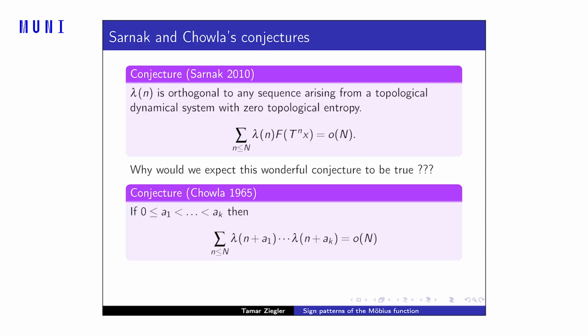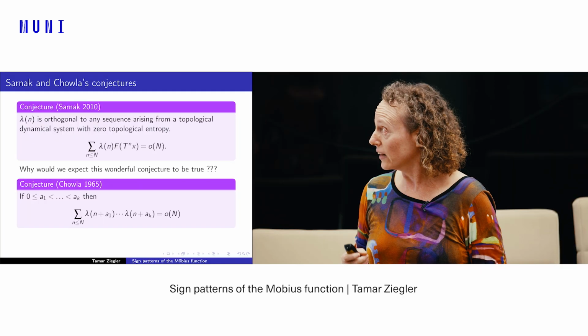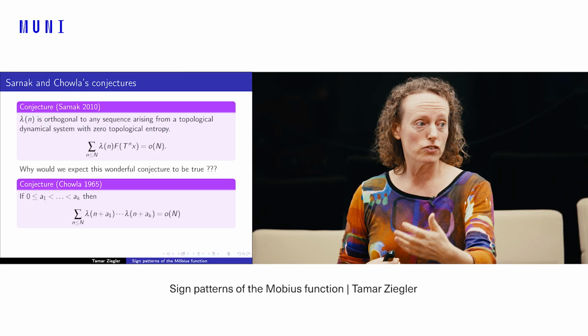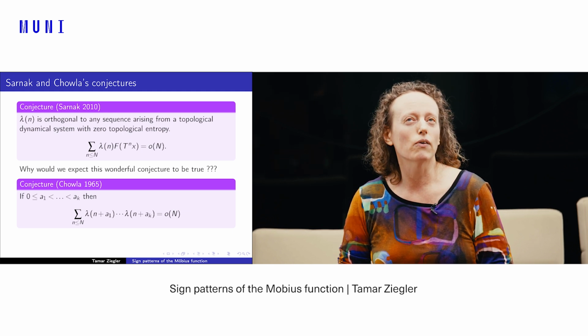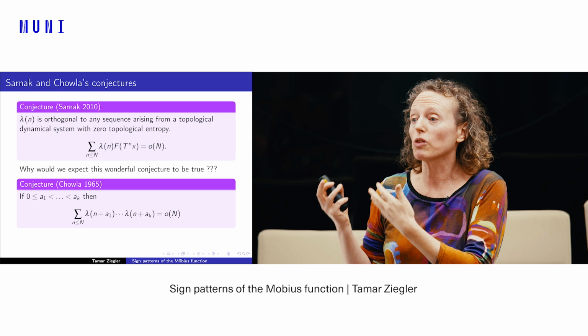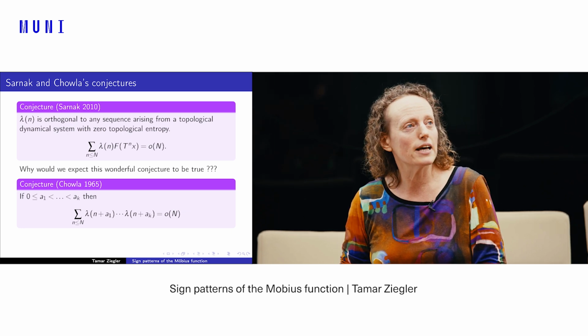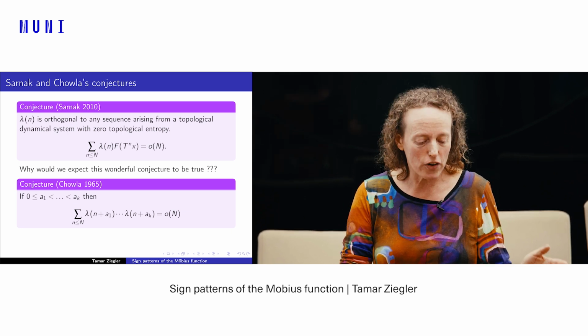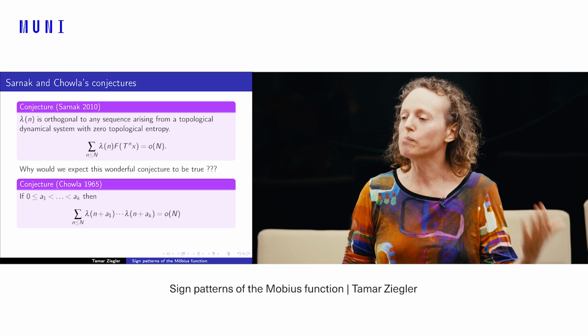Okay, so I fix different integers a_1 through a_k, and I look at lambda(n+a_1) times lambda(n+a_2), and so on, the multi-self correlation of lambda with itself, and the conjecture is that this should exhibit cancellation. The reason many people believe Chowla's conjecture is true is that it's kind of a lambda version of the prime tuple conjecture.